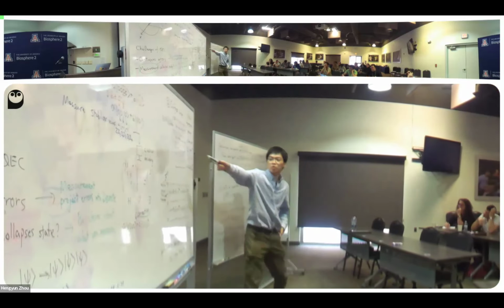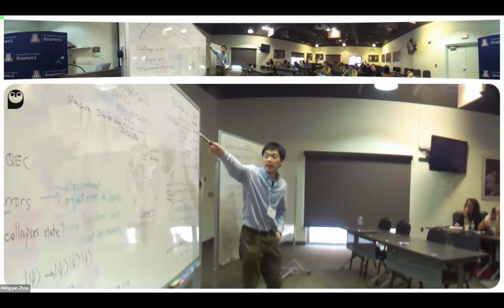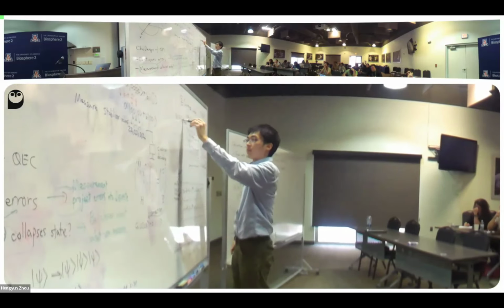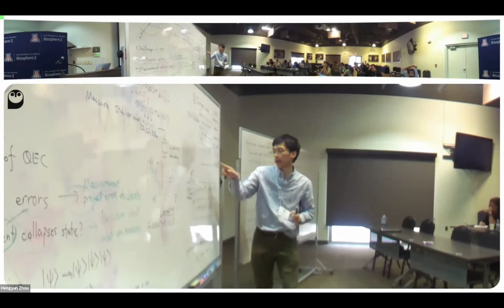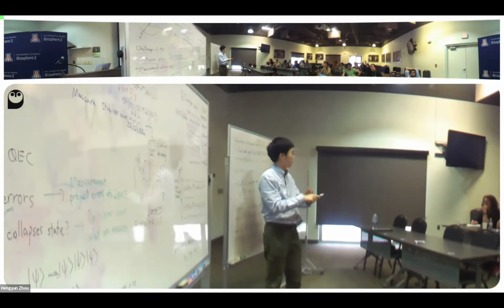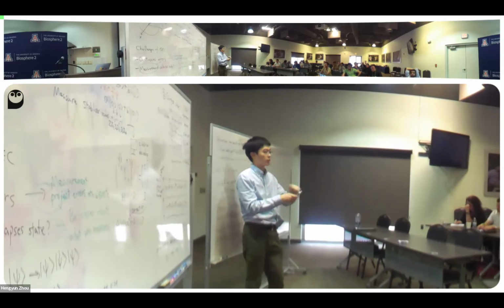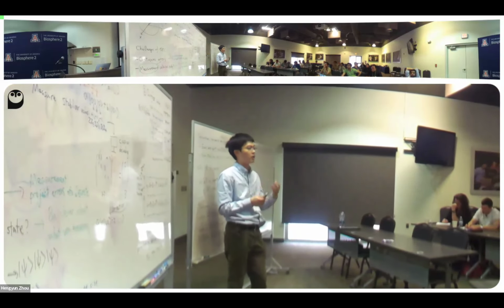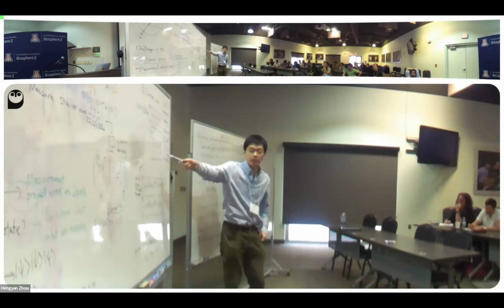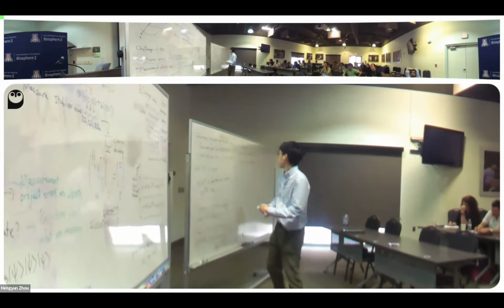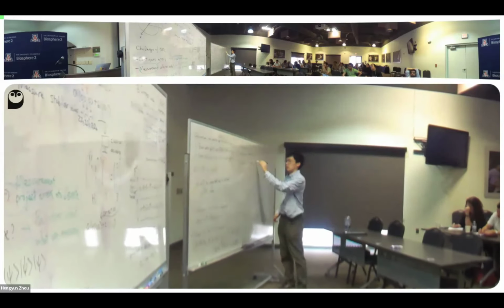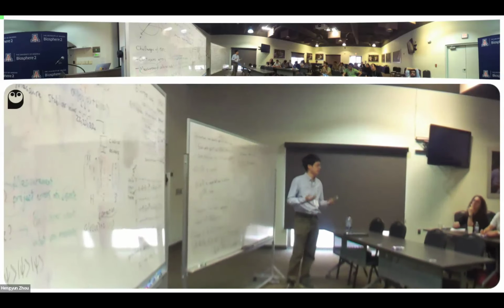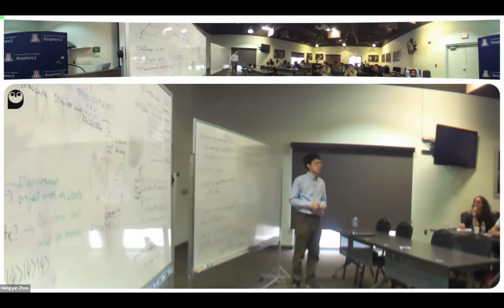So we can check these two. We see that this logical X and this logical Z intersect only at a single point. That means they anti-commute. So we do indeed confirm that all of these conditions are satisfied. So we have our logical operators.